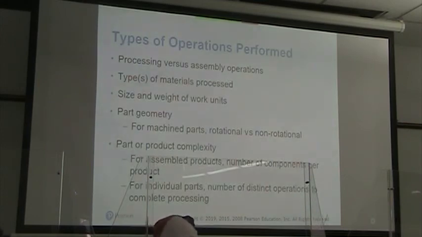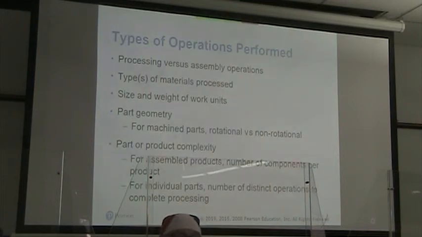So, when we talk about types of operations, we have processing versus assembly operations, the types of materials processed, the size and weight of work units, and the part geometry.